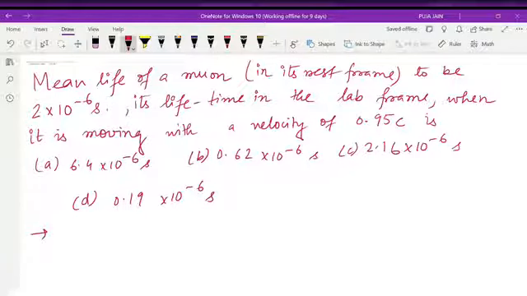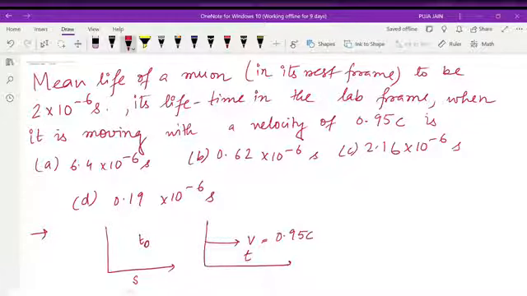Mean life of a muon in its rest frame. If this is the S frame, we call this the rest frame. Here the mean life is given as 2 into 10 to the minus 6 seconds. So in the rest frame we denote it as del T naught, or T naught. And in the lab frame, which is moving with the velocity v equal to 0.95 c, where time is denoted by t, we need to find the lifetime in the lab frame.